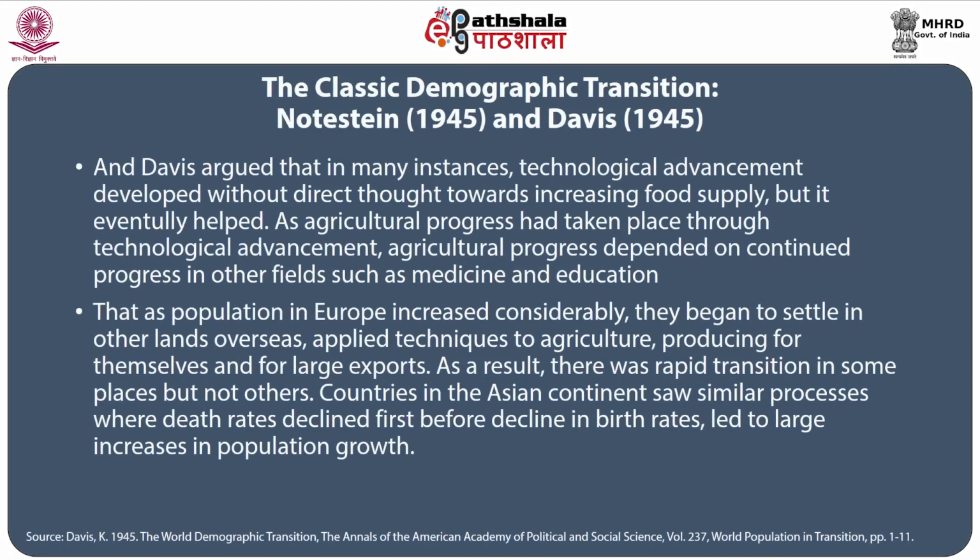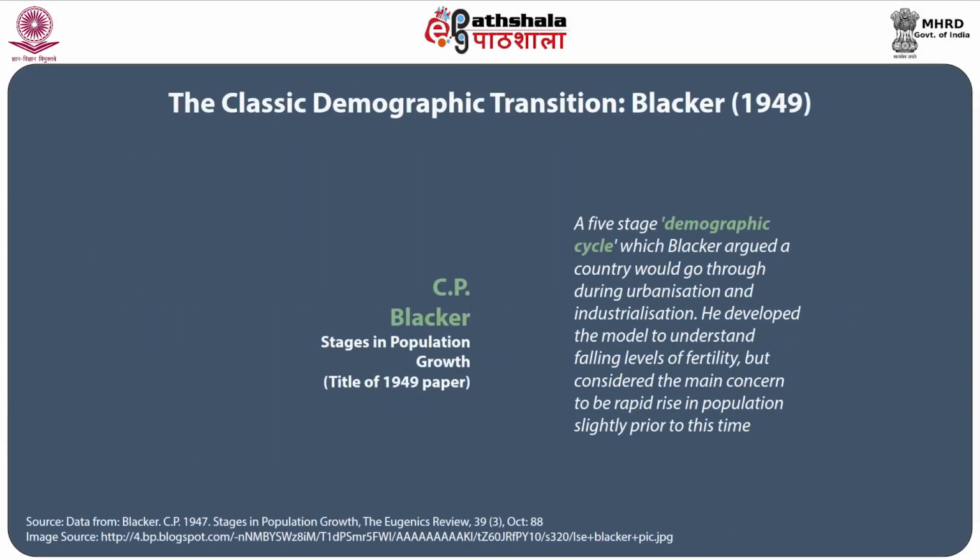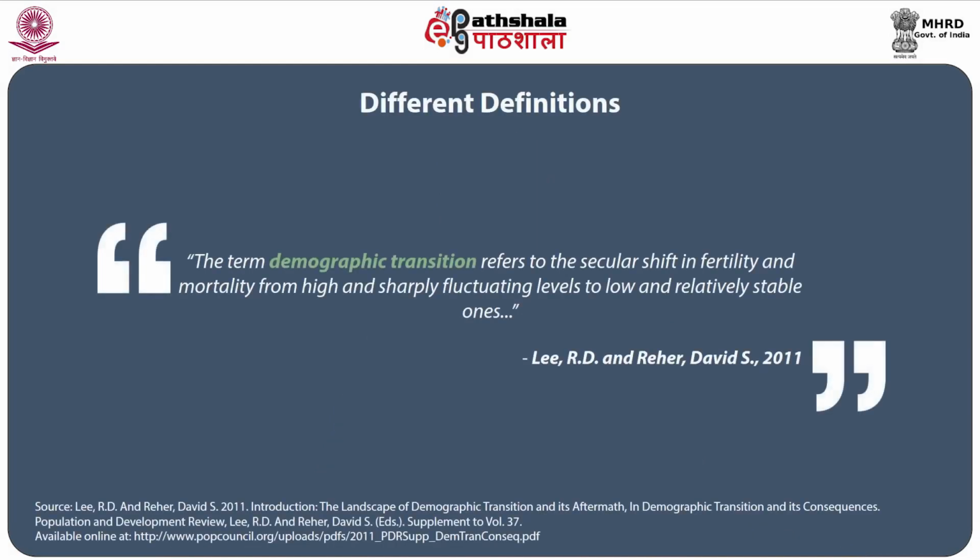Afterwards, C.P. Blacker, in 1949, also brought out different stages in population growth in his paper. We also need to understand how these stages of demographic transition were described by various authors. For instance, Lee and Reher in 2011 have cited that the term demographic transition refers to the secular shift in fertility and mortality from high and sharply fluctuating levels to low and relatively stable ones.